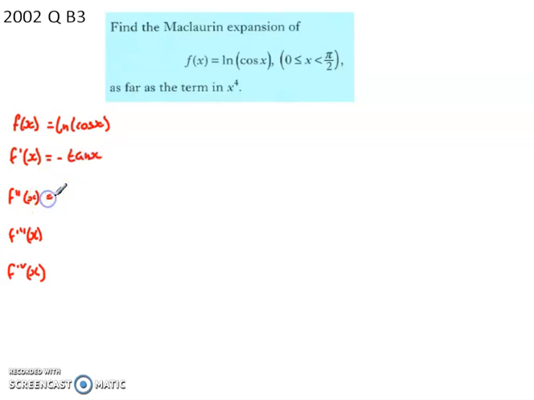And I then continue on taking the derivatives from then on. I know the derivative of tan x is sec squared, so the second derivative is going to be minus sec squared x. If I then take the derivative of minus sec squared x, what I end up getting for that one is minus 2 sec squared x tan x.